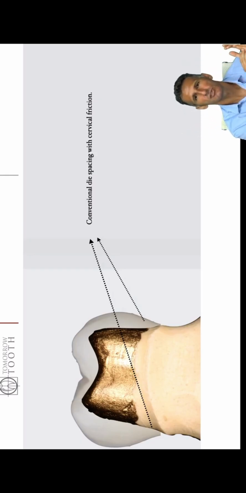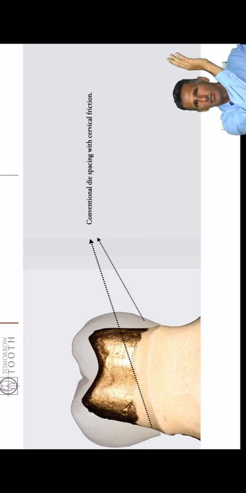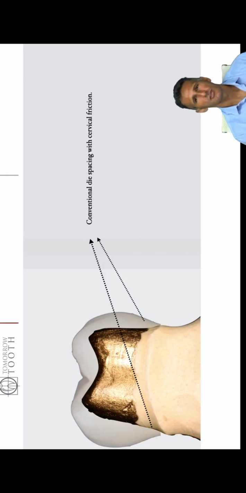And if you put this sort of spacing in this area that is the critical one, the space is always the same, while you have more space on the top of the abutment. So it's much easier for your cement to move to the top of the abutment, and you will experience problems to seat the crown perfectly. Okay, so this approach has not been the best with vertical preparation.